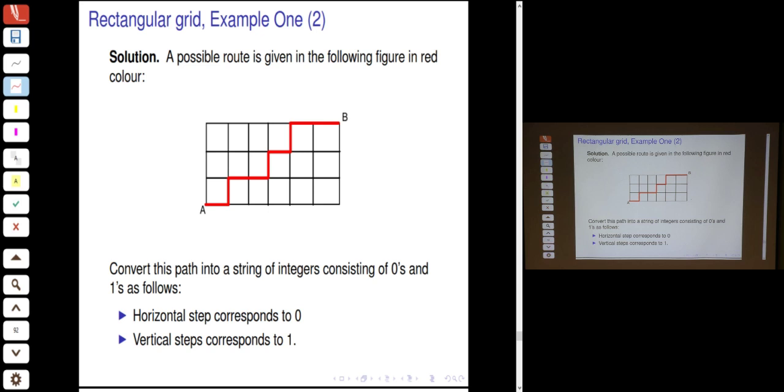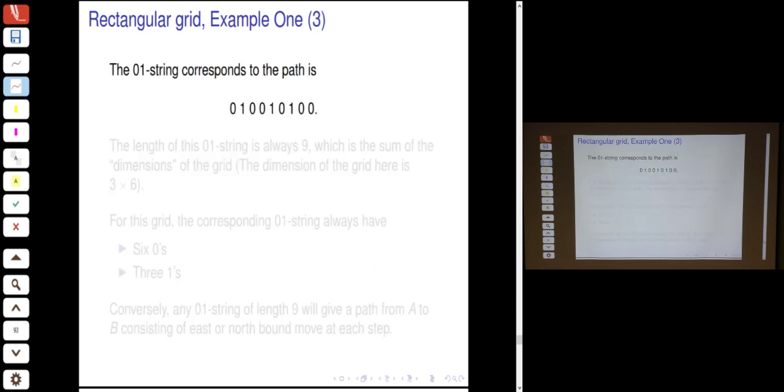Whenever you go up, you label it 1. So this particular path corresponds to 0, 1, 0, 0, 1, 0, 1, 0, 0. So each of these paths corresponds to a binary string.